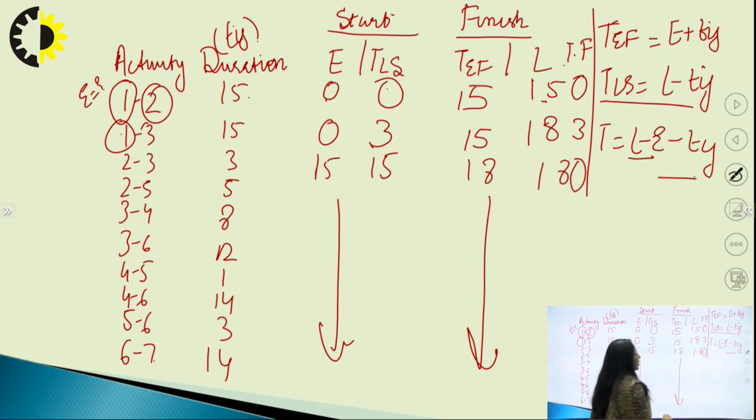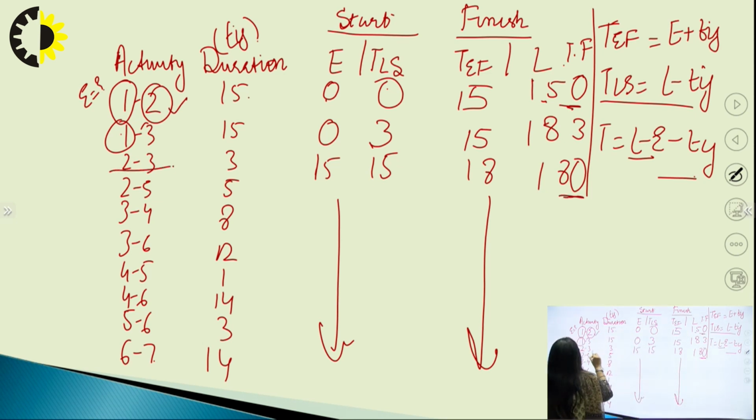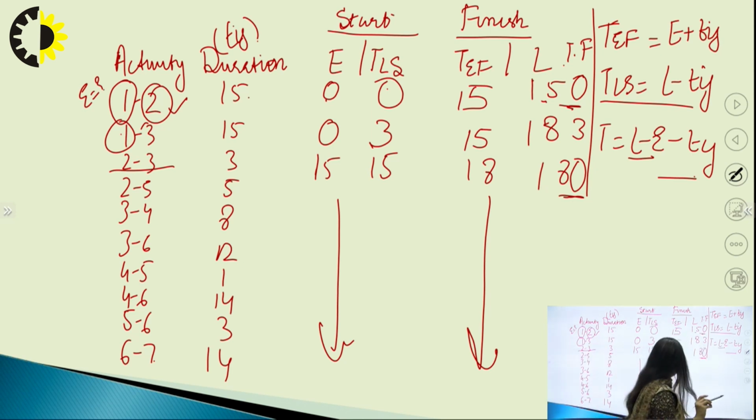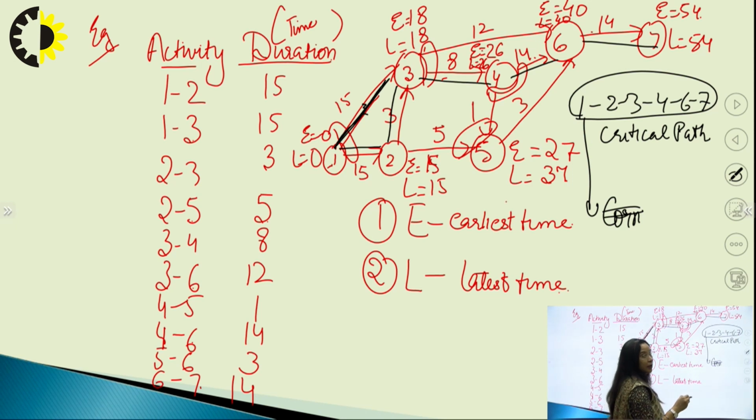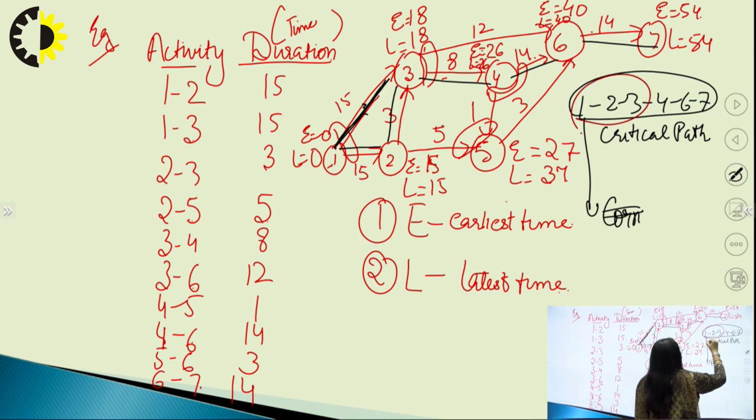Here you can see the total float is 0 for activity 1-2 and total float is 0 for activity 2-3. In the previous example, our critical path was 1, 2, 3, after that 4, 5, 6, 7.